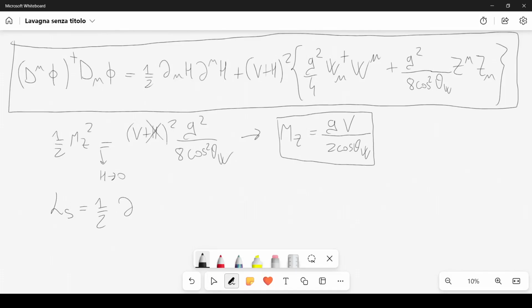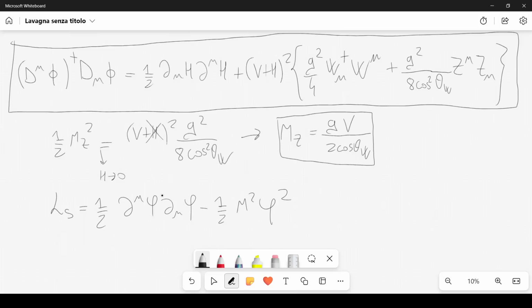This is 1/2 d mu phi d mu phi minus 1/2 m squared phi squared. So here you can see that we have phi squared, which is a term of the second order, just like this one. And here we have 1/2 the mass squared, right? So this is how the mass appears.